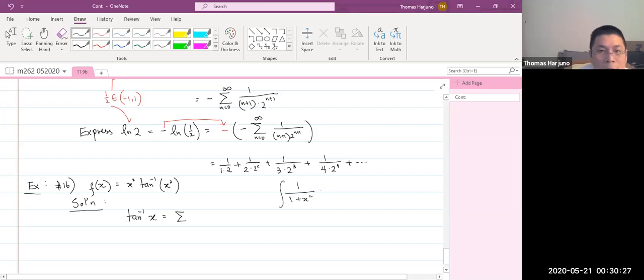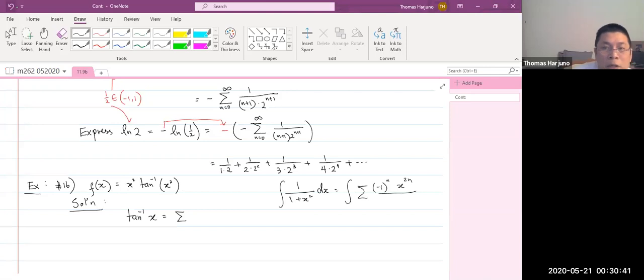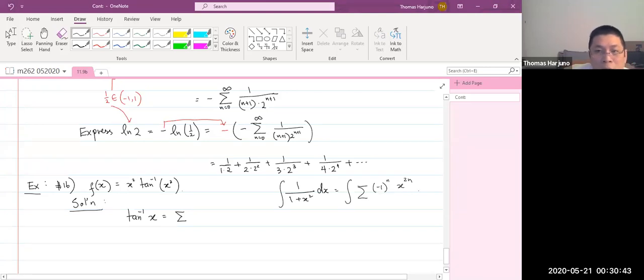So it must be the integral of this series, (-1)^n x^(2n), such that the integral is (-1)^n x^(2n+1) over 2n+1, that series.